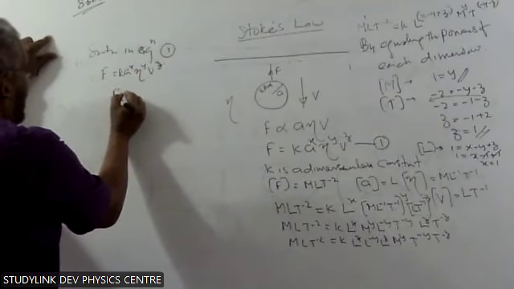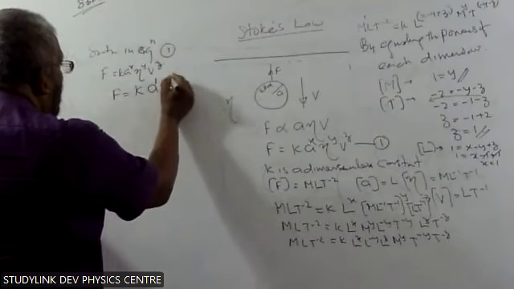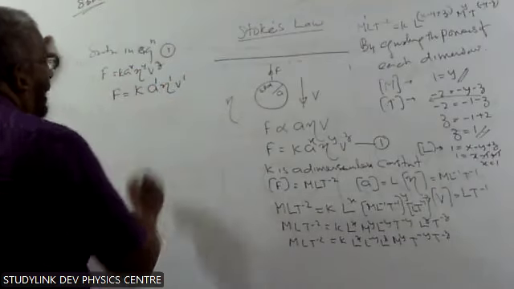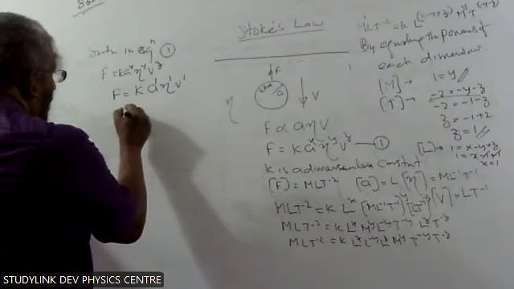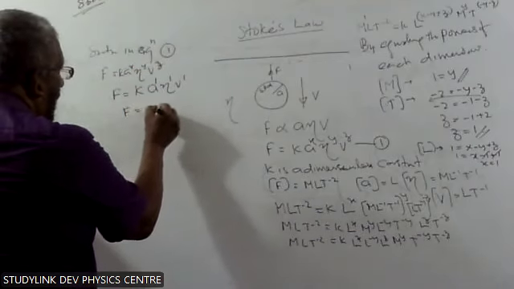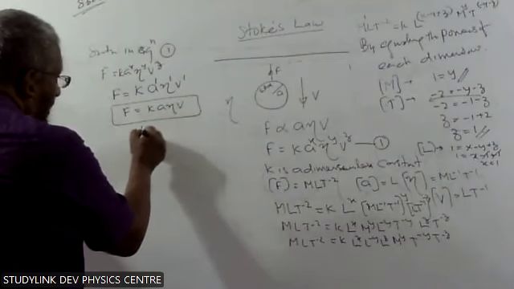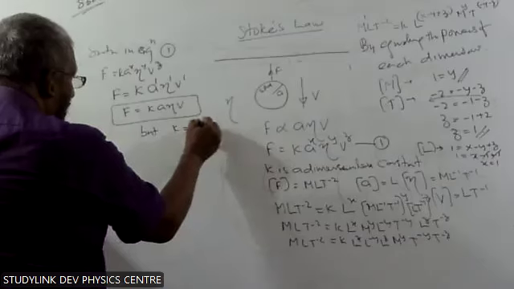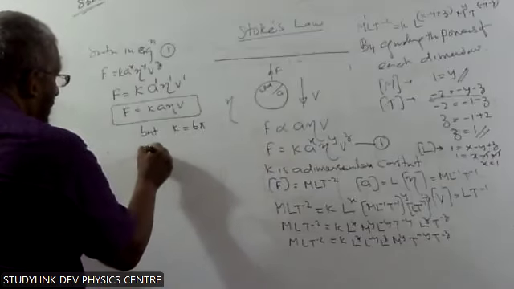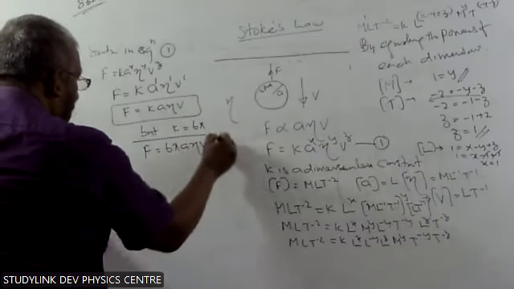So f is equal to k a to the power 1, eta to the power 1, v to the power 1. All are 1. Then that means f is equal to k a eta v. But we are given k is equal to 6 pi. Therefore, f is equal to 6 pi a eta v. Quickly note down.